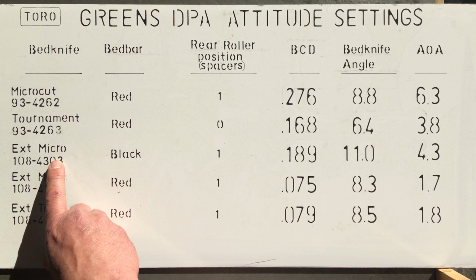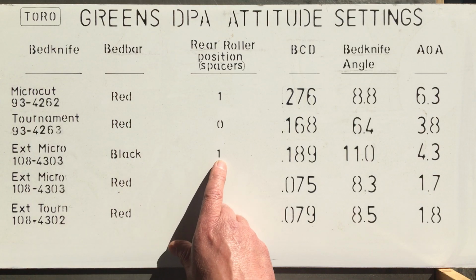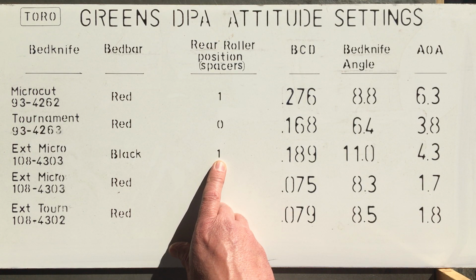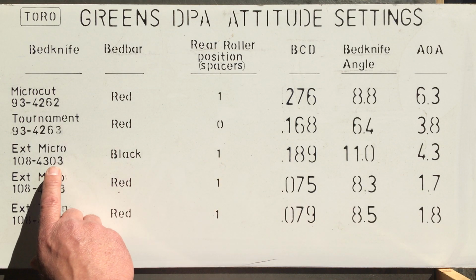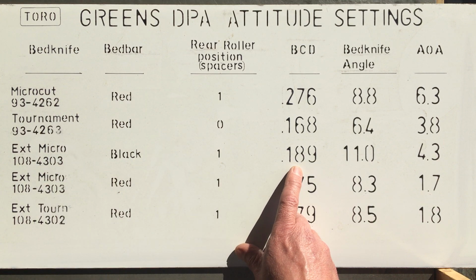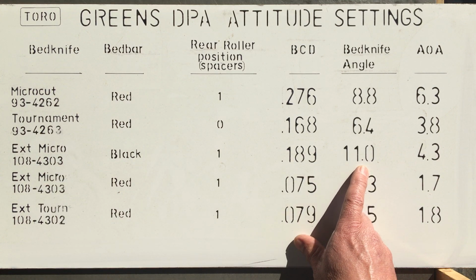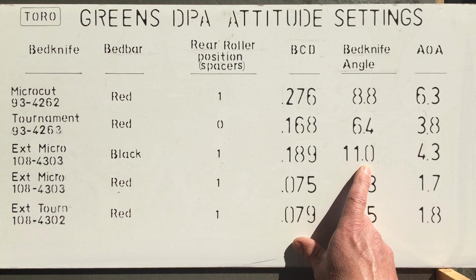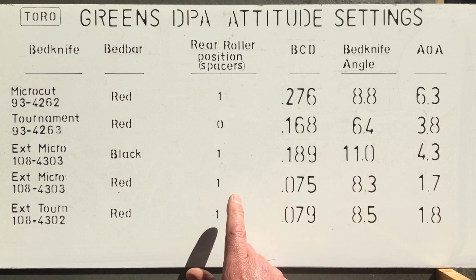Extended microcut, aggressive bed bar, one spacer employed, BCD 0.189, attitude 11 degrees, angle of aggression 4.3.